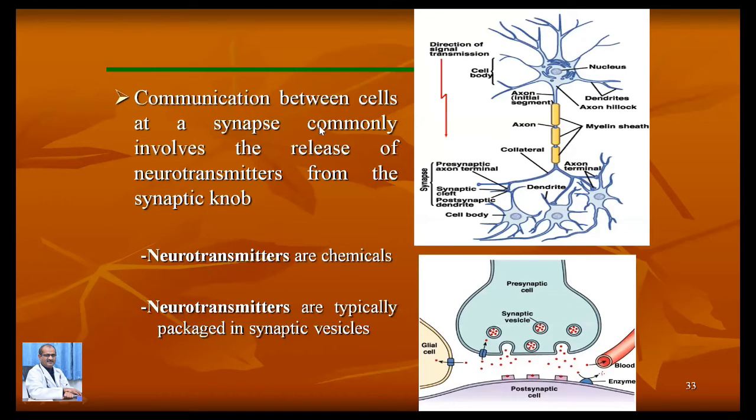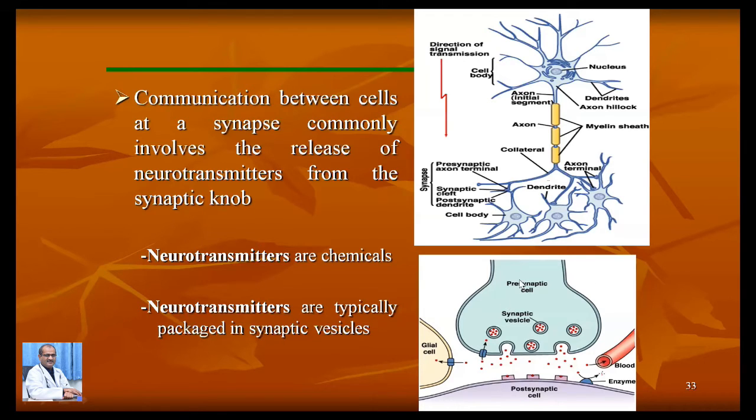Communication between cells at a synapse commonly involves the release of neurotransmitters from the synaptic knob. Neurotransmitters are chemicals; we will see what they are in future slides. Neurotransmitters are typically packaged in synaptic vesicles.